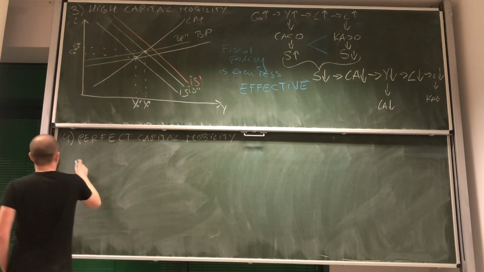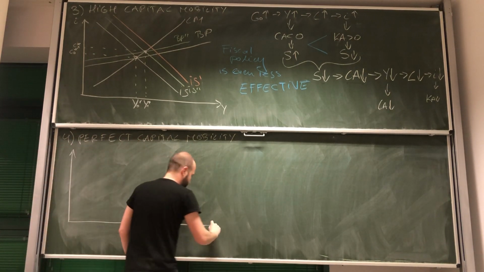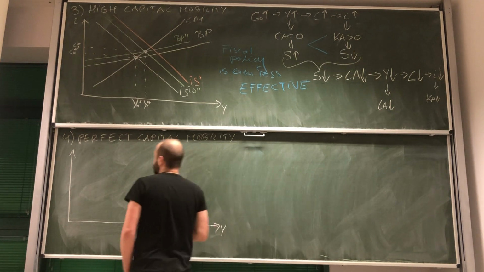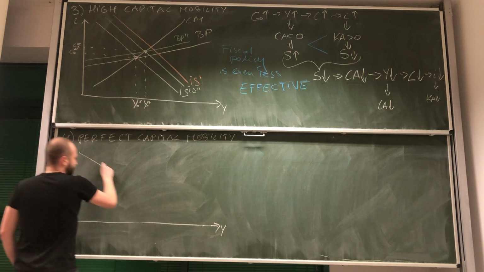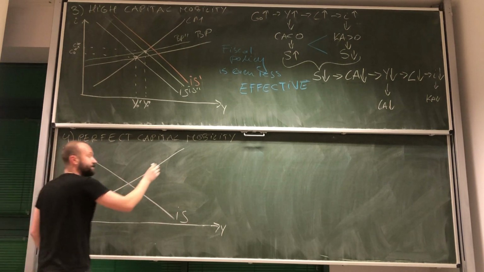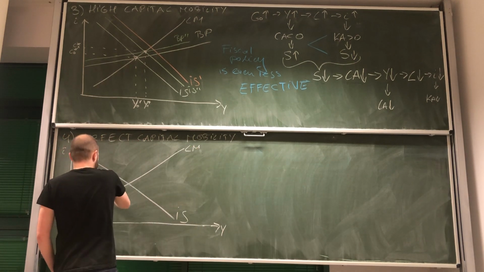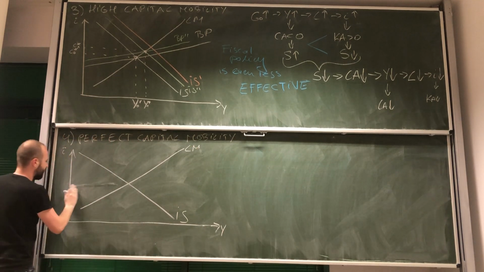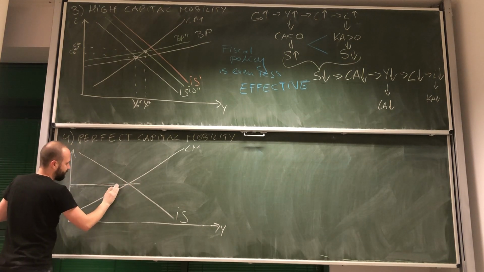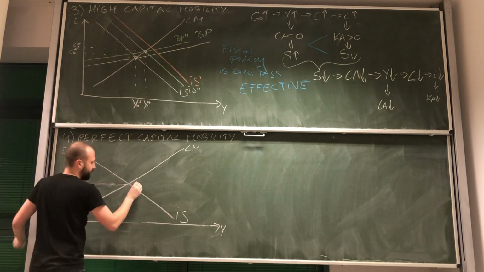Okay, this case will actually be the easiest to draw because in this case BP curve, of course, is not moving. So we've got IS, we've got LM, okay, and we've got BP. BP that should be, of course, perfectly horizontal.